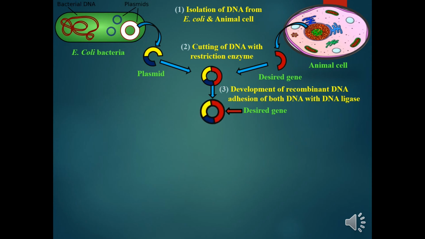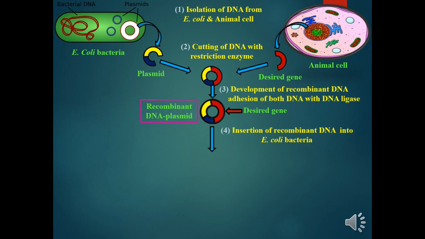This is desired gene, and this DNA molecule is called recombinant DNA plasmid. Now, fourth step, insertion of recombinant DNA into E. coli bacteria.